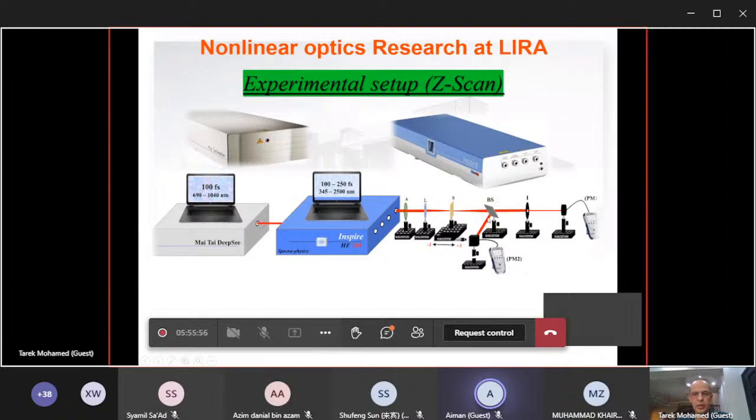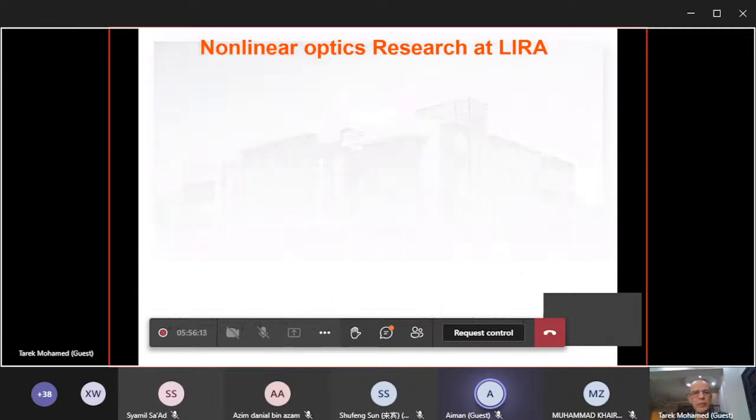We call this open aperture, where we can estimate the nonlinear absorption coefficient. And we have the transmission through this iris. BM1 can measure it, and we can determine the nonlinear refractive index.